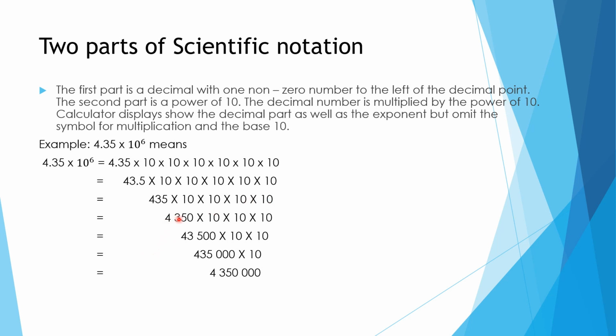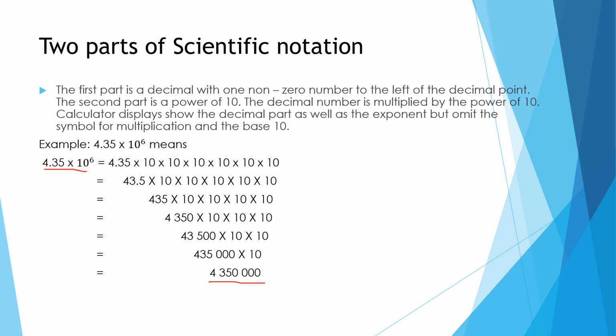And if we add a 0, making it 4,350, we multiply it by three 10s. The same value still comes out. And when we add another 0, it becomes 43,500 times two 10s, which is 100. And then 435,000 times 10. Look at this, this is how it comes out. This is the final answer.